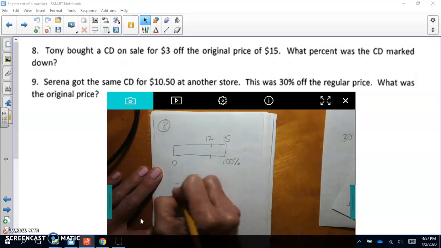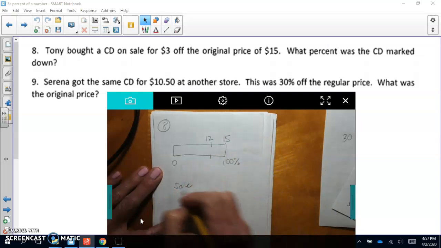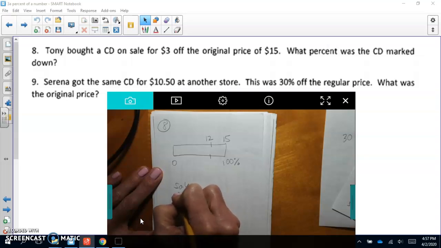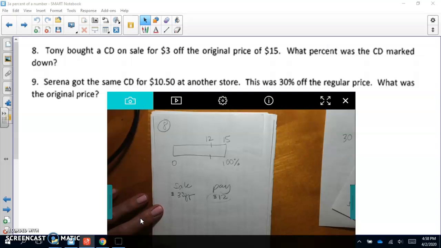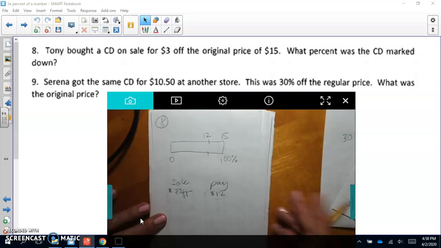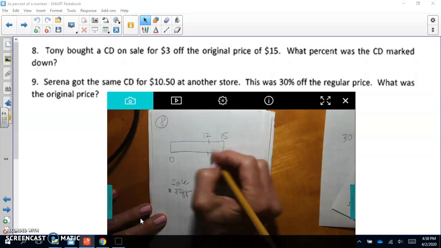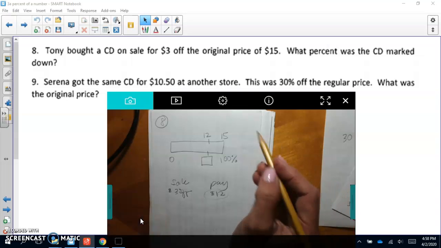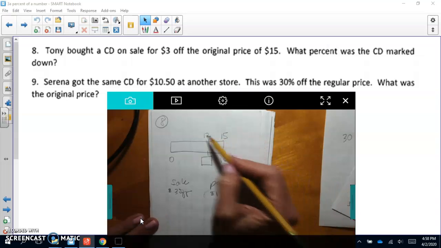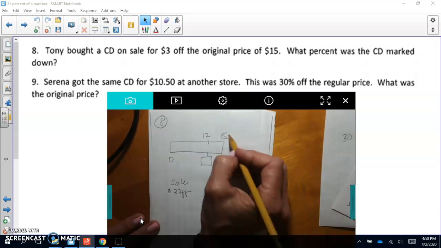So, right, the sale is $3 off. So we have to pay $12. Okay? All right, so now we want to figure out what percent was the CD marked down. So let's figure out what we'd have to pay. What percent would we have to pay? Let's look at our greatest common factor here between 15 and 12, and that would be a 3.